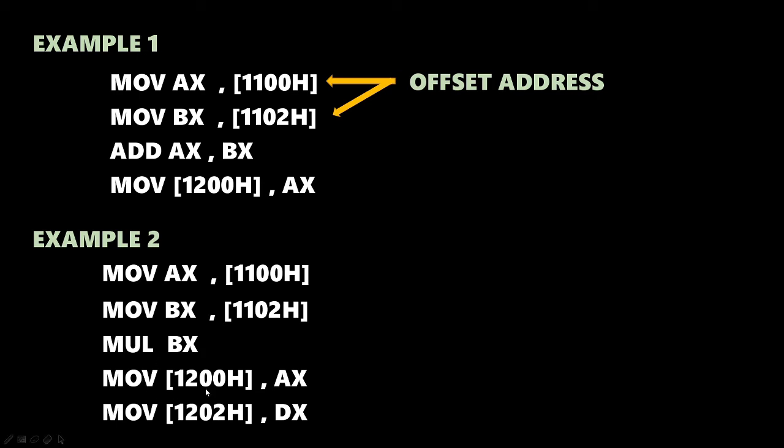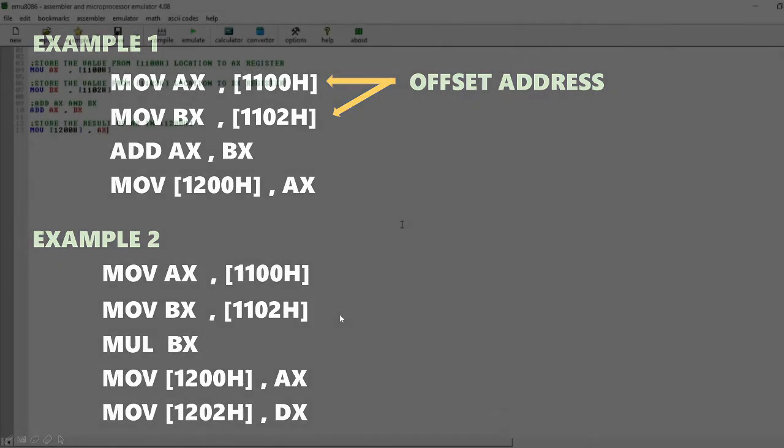And then we do move [1200h], AX. So what this will do is store the value of AX in the 1200h location. So this is our offset address, and move [1202h], DX. So this DX value will get stored in this location. So let's jump into our emulator to see how that works.